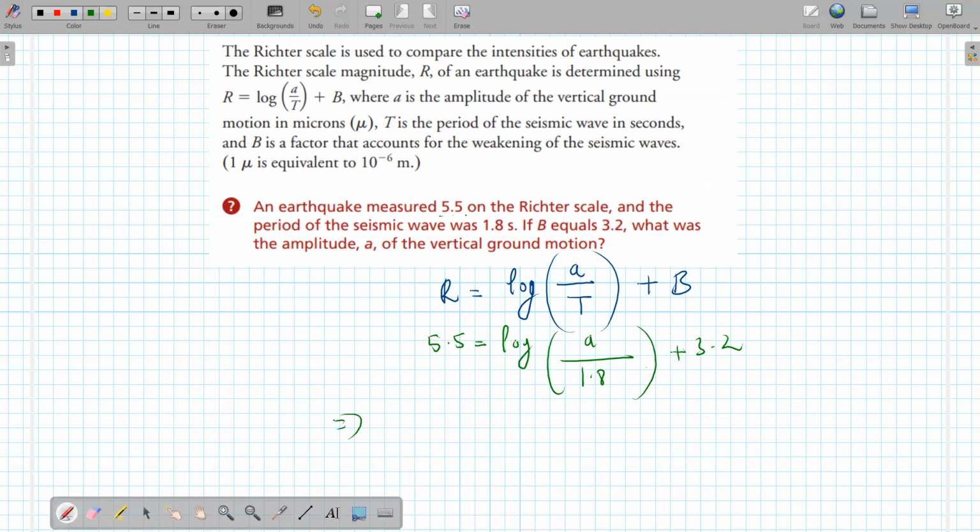What would we do as the first step to solve for A? You subtract 3.2. Okay, that'll give you 2.3 equals log of A over 1.8. What's next?